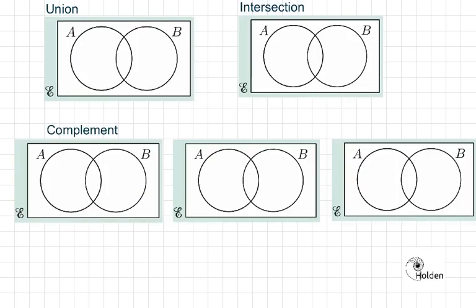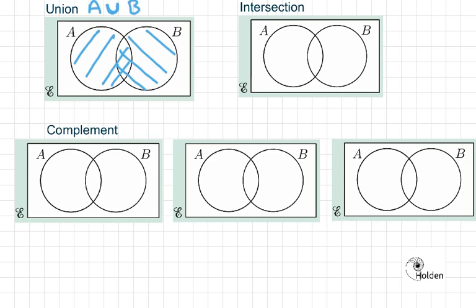So, the union. The union has a symbol, so it's curly, straight sides and a U. So if we do A union B, we're talking about all the elements in A, unioned, joined with, combined with all of the area of B. Okay, so we're looking at everything together.